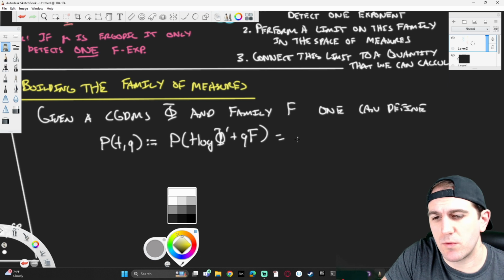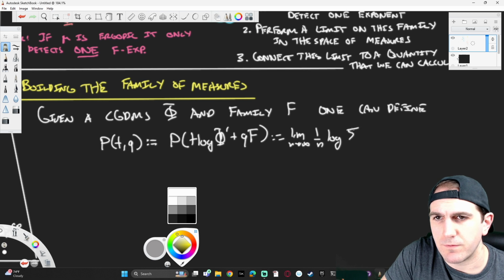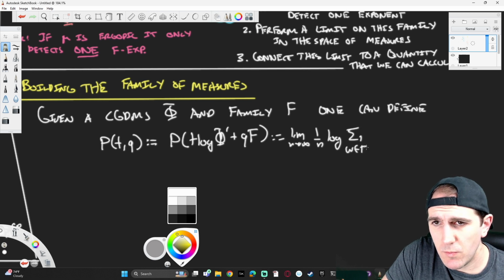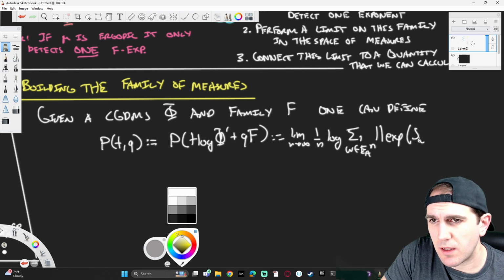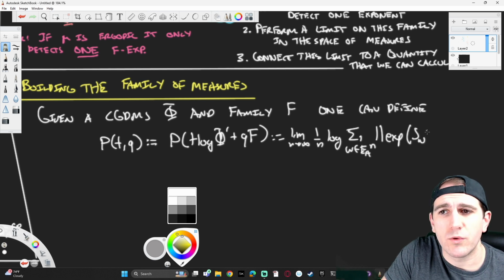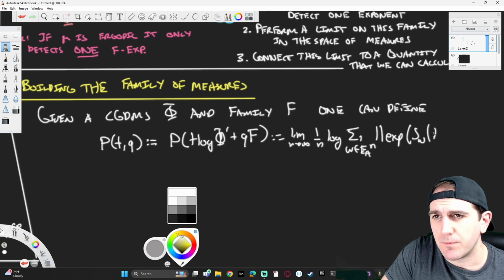And this is going to be equal to, by definition, the limit as n goes to infinity of 1 over n log of the sum over words omega in E^n of the norm of the exponential of some sum with respect to that word of length n with regard to the family.